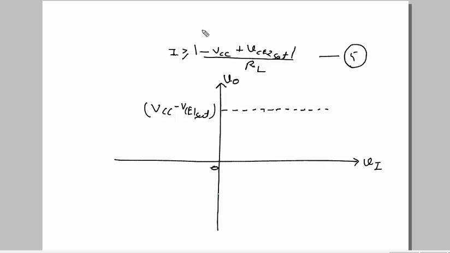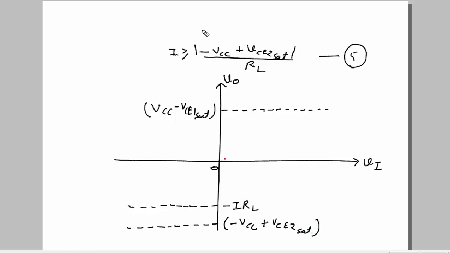One is given by equation number 3, which is minus I RL, and the other by equation number 4, and we already established that equation number 4 will give the most negative value, which is minus VCC plus VCE2 in saturation. So these are the limiting points we have made.